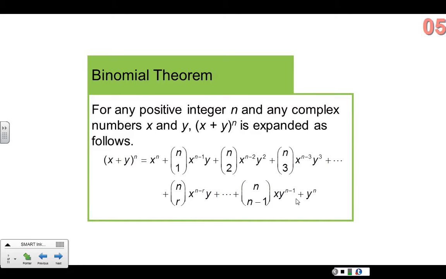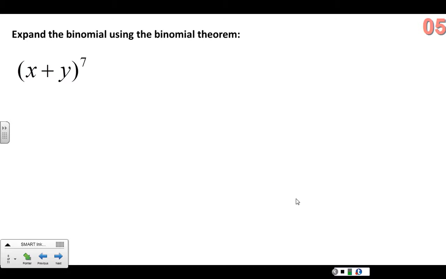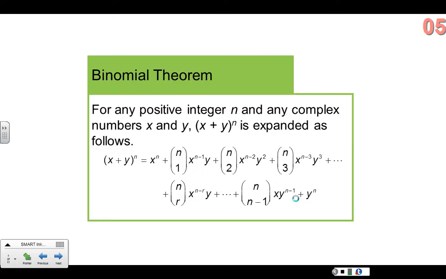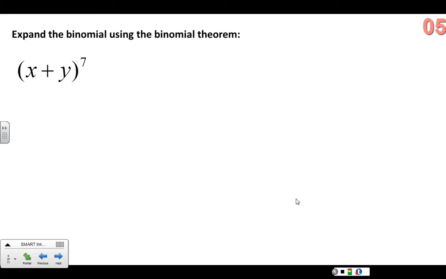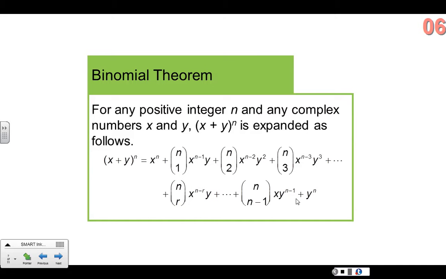Let's see if we can use the binomial theorem to expand a binomial. So if we're going to do x plus y to the 7th, going back to the rule, we have x to the n, so x to the 7th. Okay, look at the next rule. N choose 1, and we're going to decrease the power of x by 1 and add the y.